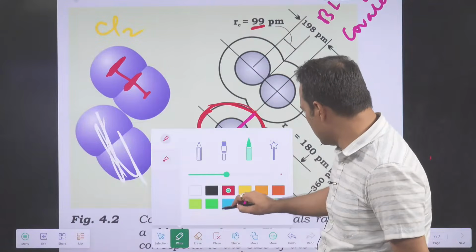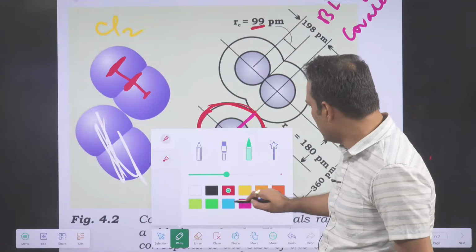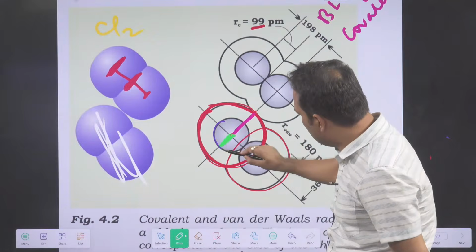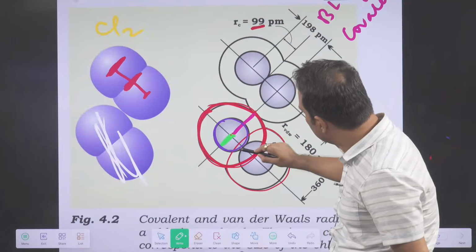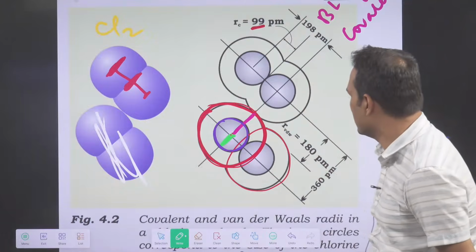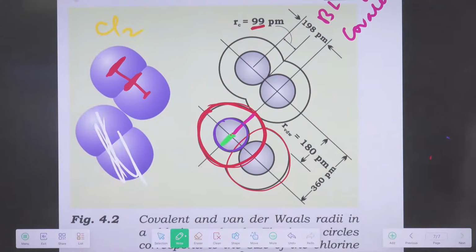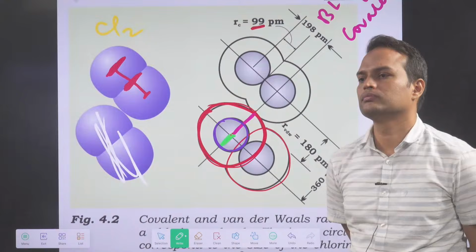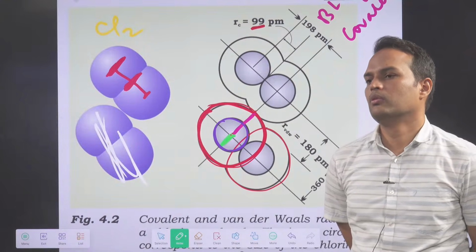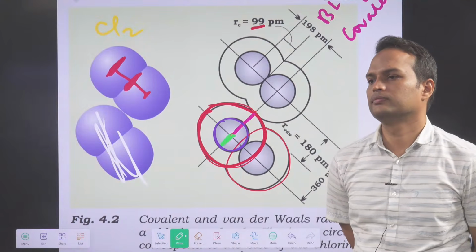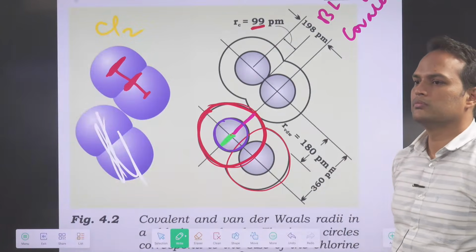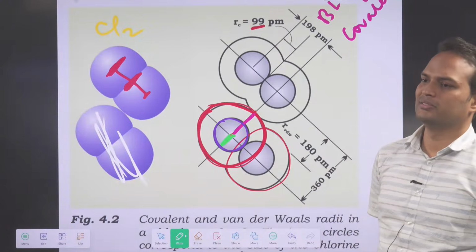Can you tell me what this circle is? This violet color or whatever. Nucleus or core?